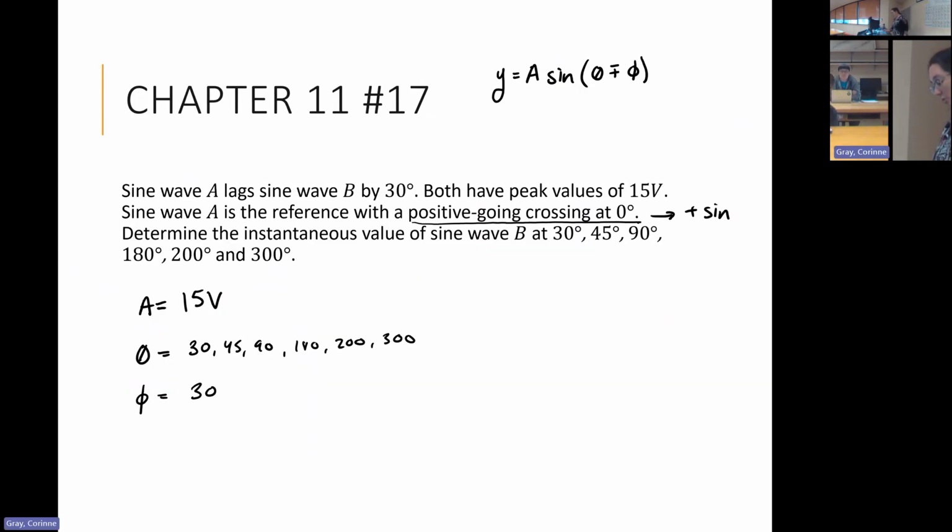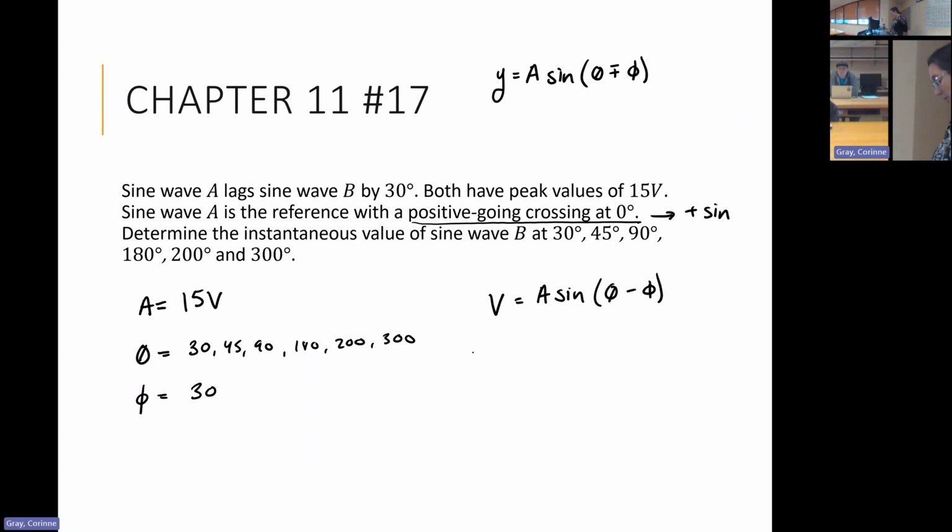So the general form for this is we're going to replace Y with V because this is going to be a voltage. I'm just going to write it out twice. We're going to have A sine theta minus phi.